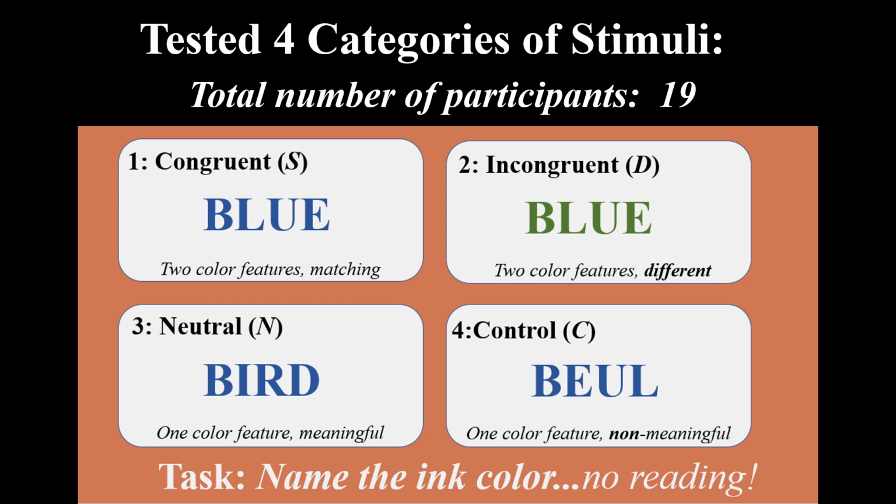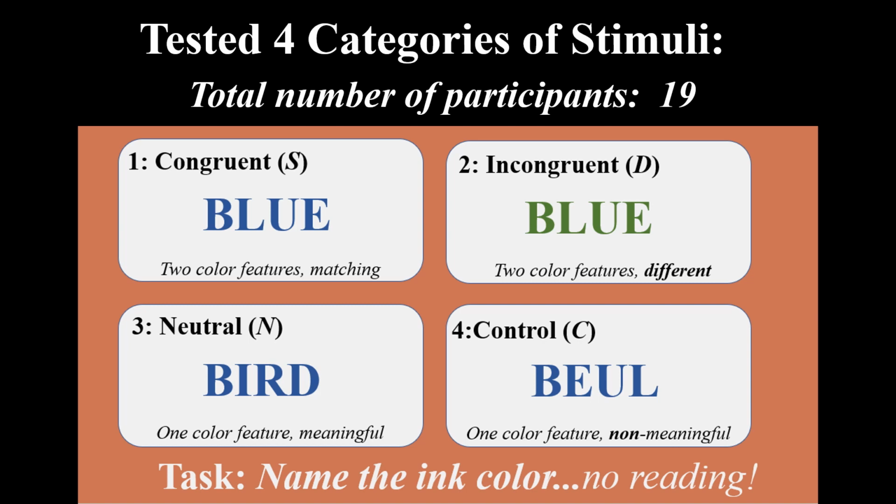There was an incongruent condition because the word blue is printed in green, so there will be an interference here between the color green and the word blue. They had the neutral condition, that was a non-color related word printed in just any color, just like bird printed in blue, it doesn't matter.